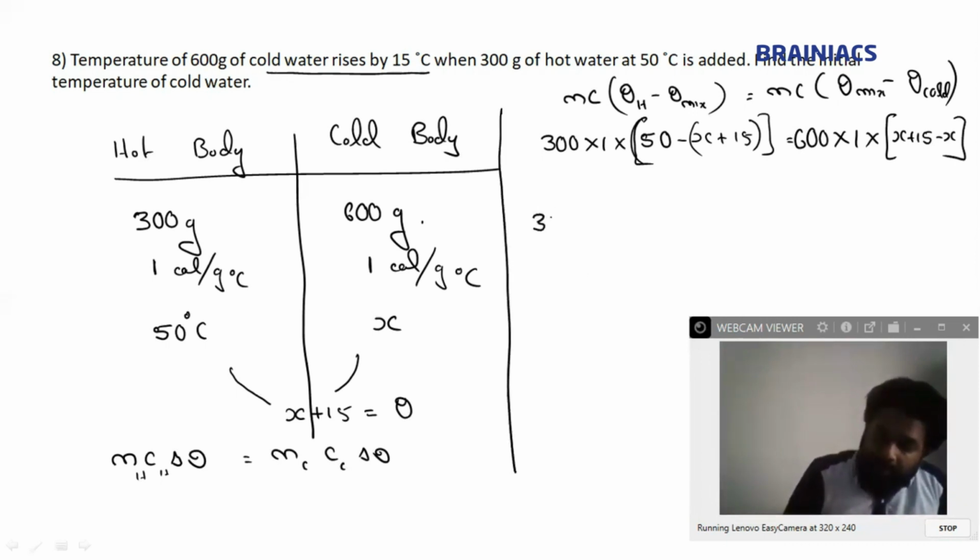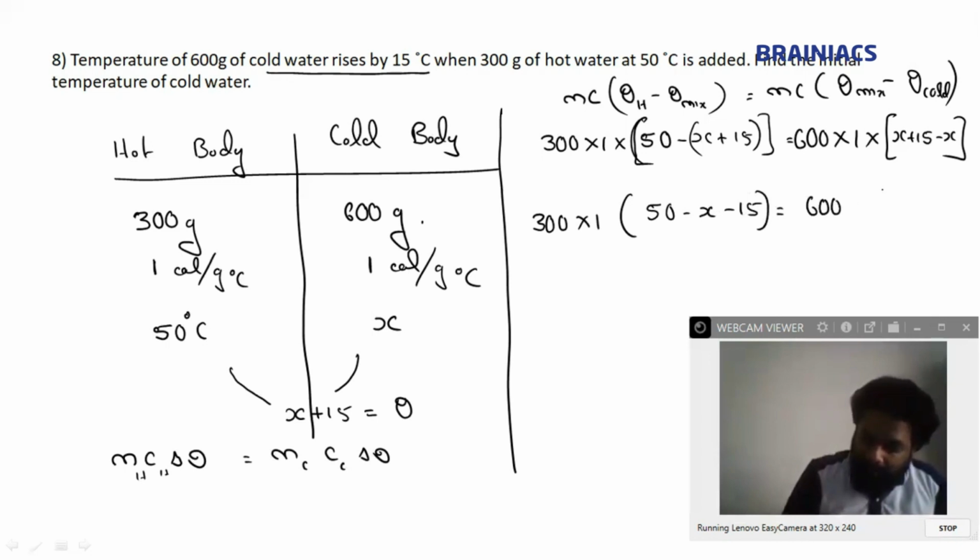Okay, so 300 into 1 into 50 minus X minus 15 is equal to 600 into X, and X will be cancelled out, 600 into 15. So 300 into here, this will become 35 minus X is equal to 600 into 15, and here this will become 2.